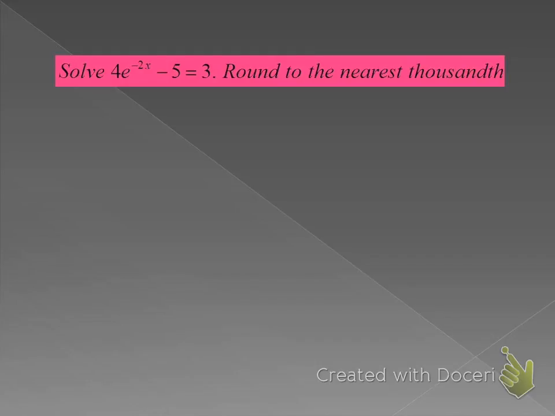The first step would be to add 5 to both sides. That gives you 4e to the negative 2x equals 8. Next, to isolate the e, divide by 4.